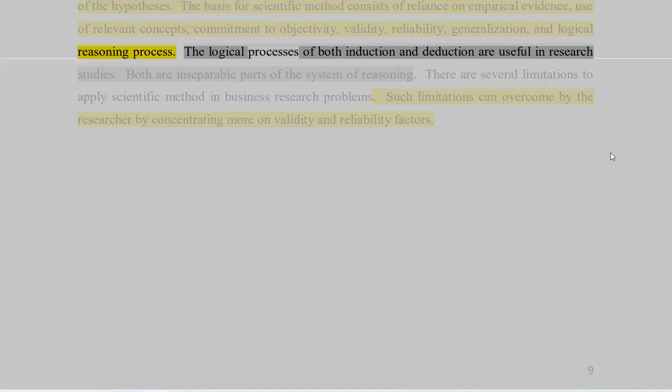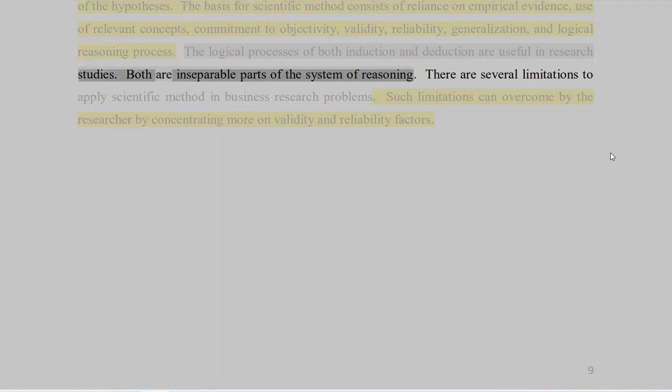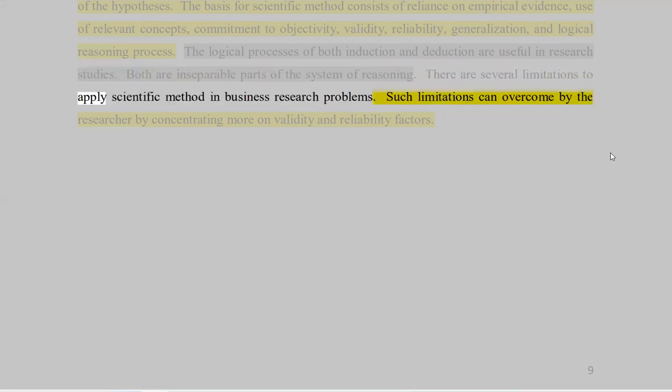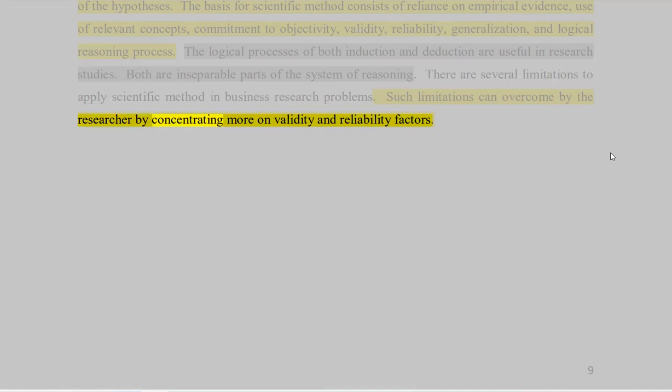The logical processes of both induction and deduction are useful in research studies. Both are inseparable parts of the system of reasoning. There are several limitations to applying the scientific method in business research problems. Such limitations can be overcome by the researcher by concentrating more on validity and reliability factors.